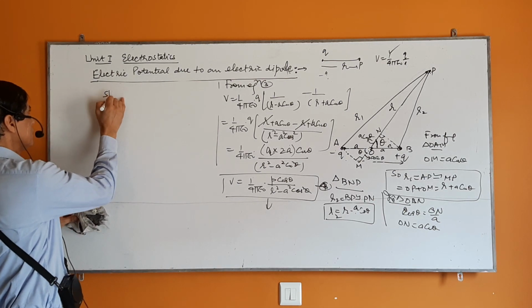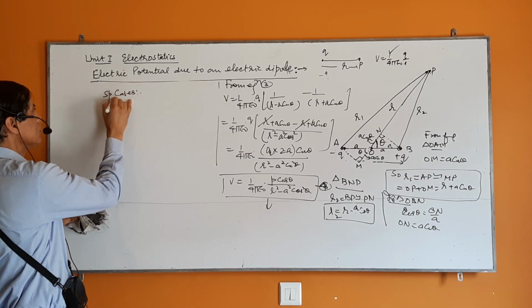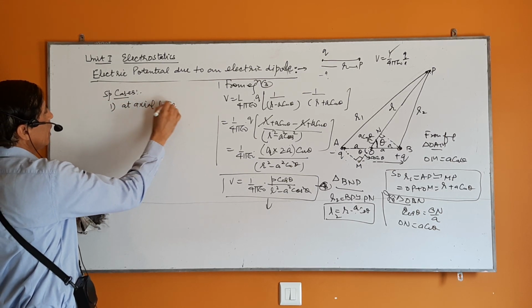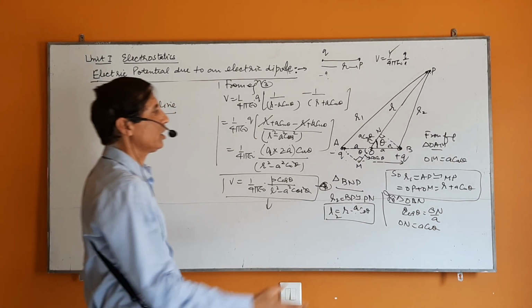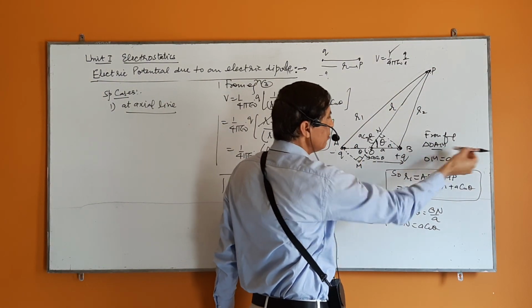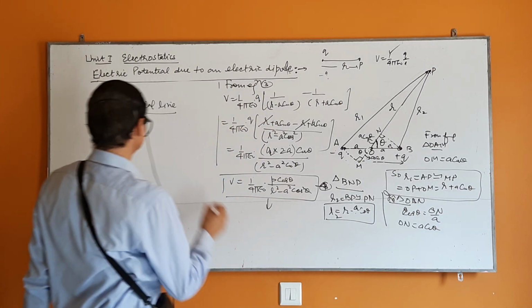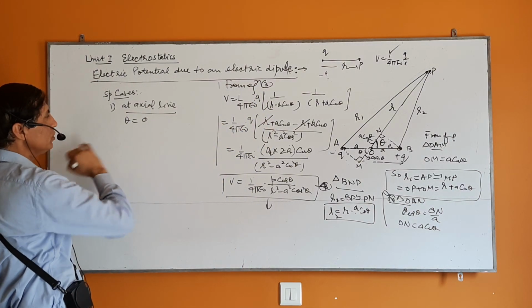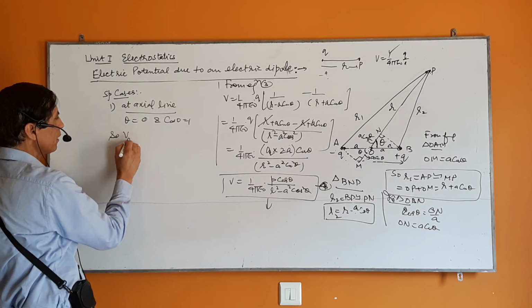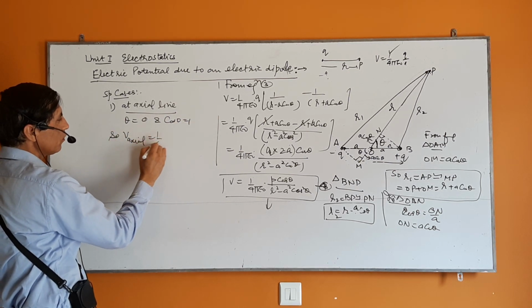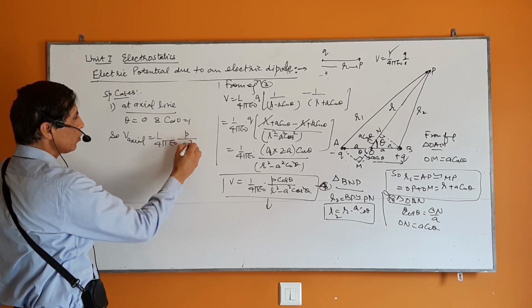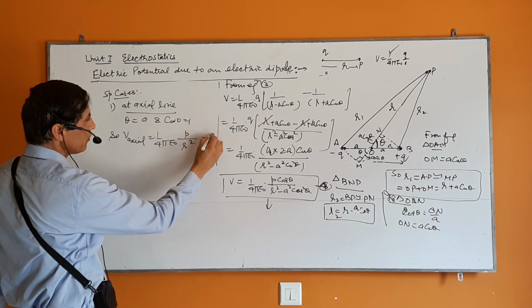Special cases. First point, at axial line. How to find at axial line? Which is the axial line? This is the axial line. When this OP line extends along this AB, then it will become axial line. So on axial line, what about theta? Theta कितना हो जाएगा, 0, and cos 0 is equal to 1. So what is V axial? V axial is 1 upon 4 pi epsilon naught P upon R square minus A square, equation number 5.